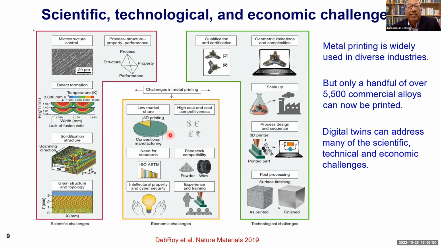Economic challenges: we have relatively lower-cost conventional manufacturing with which we sometimes compare 3D printing, at least where a part can be made by both processes. Although 3D printing can do many things that conventional manufacturing cannot do, some of which I have shown.